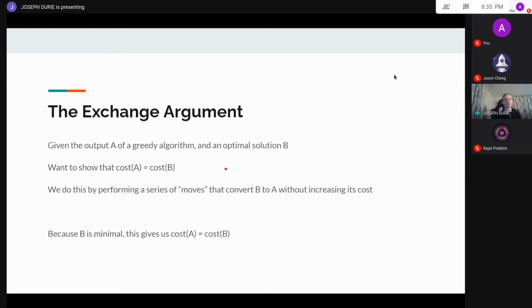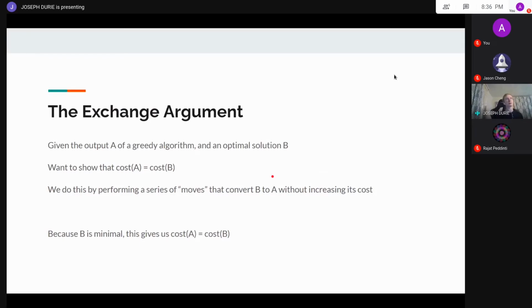So we also have cost B is less than or equal to cost A. So the only solution to those two things is to have cost A equals cost B. You get cost B less than or equal to cost A from B being optimal, and cost A less than or equal to cost B from this series of exchanges that converts B to A.